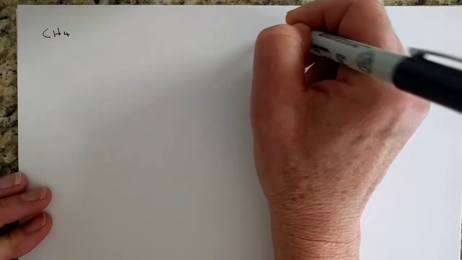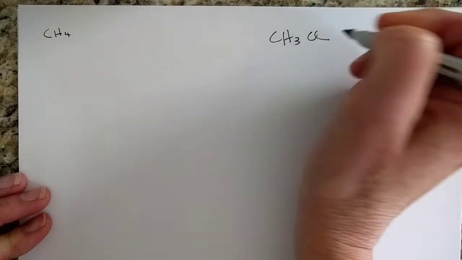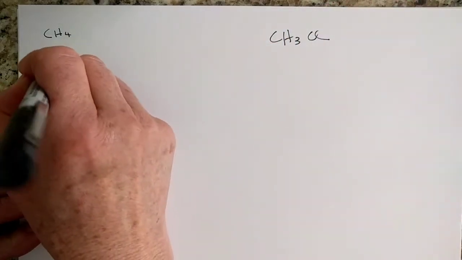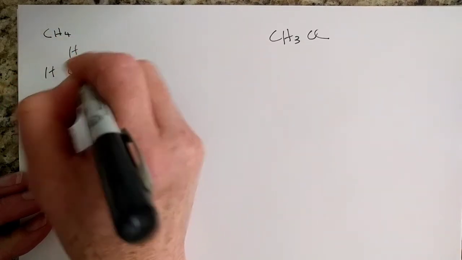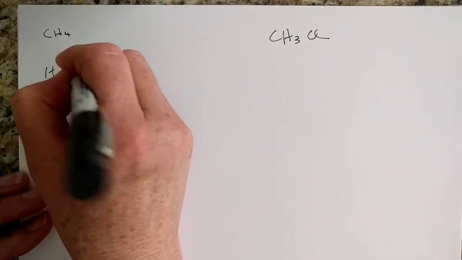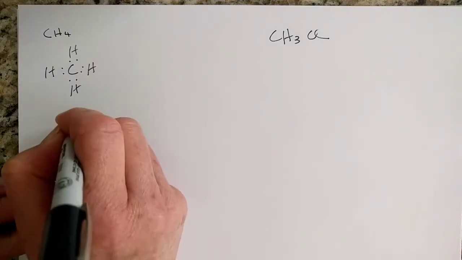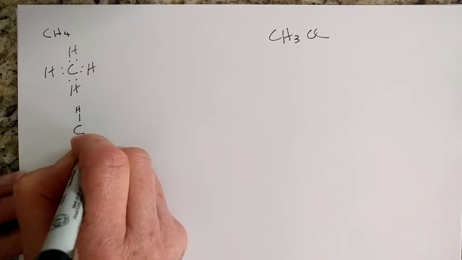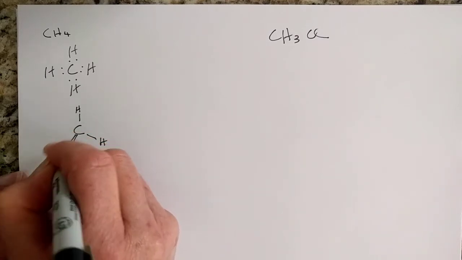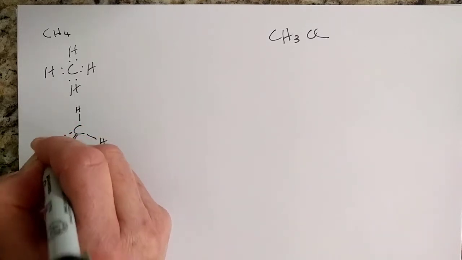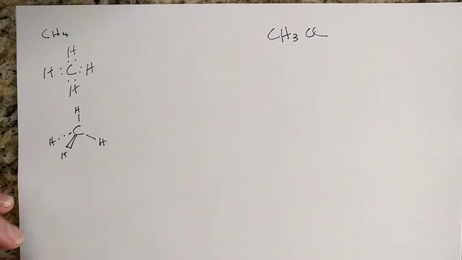Okay, so now let's look at CH4. And we're going to see the same thing here, so we'll go through this pretty quickly. And CH3Cl. With CH4, we've got 8 valence electrons. We have a tetrahedral geometry. So one hydrogen goes up, one goes off to the side, one sticks out the front, and one sticks out the back.